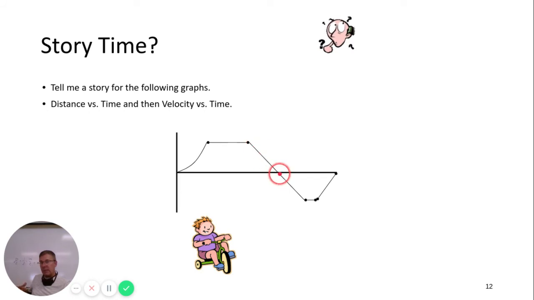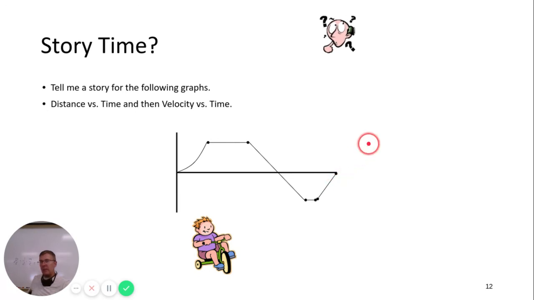And then when it hits this spot here, where is it? It's at zero distance. So it's where we started, but now we're continually going backwards. And then it stops. And then here it goes forward again, back to the origin at constant speed.